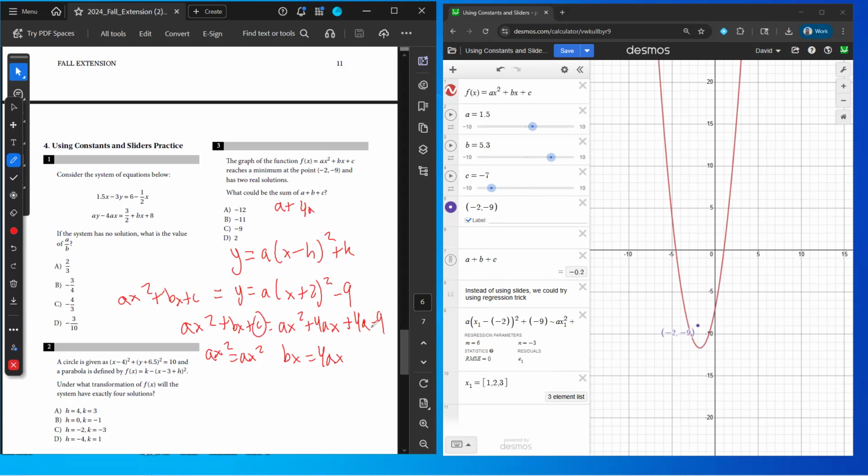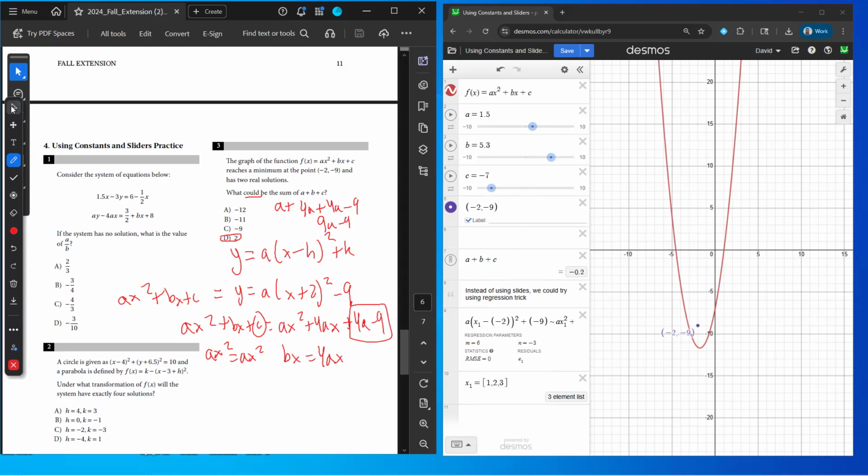So c matches up with 4a minus 9 because they don't have an x. And then we're left with 9a minus 9, and what could be the sum? Well, because a has to be greater than 0, then the solution must be greater than negative 9, so it must be D. Okay, that's all fun and dandy, but how can we use Desmos to help us with that?